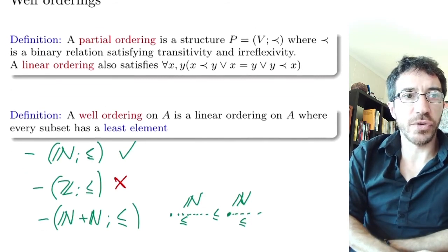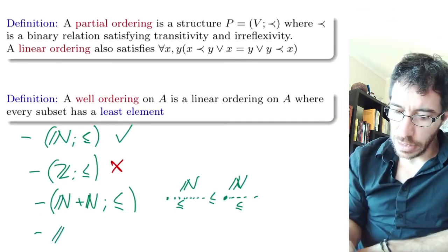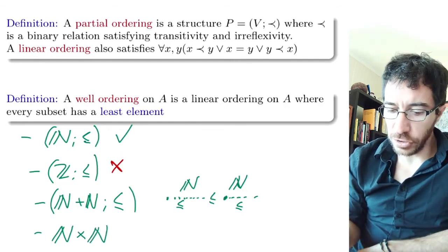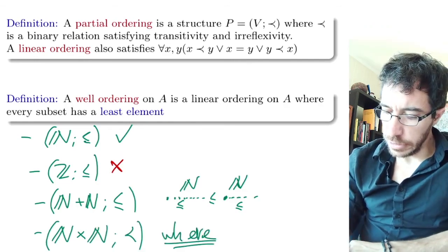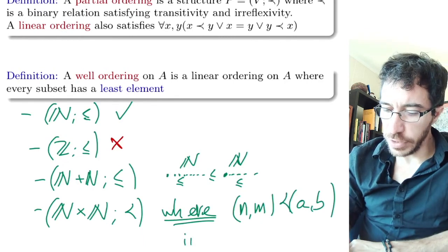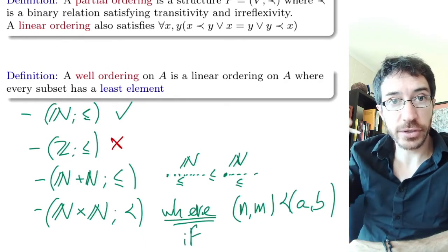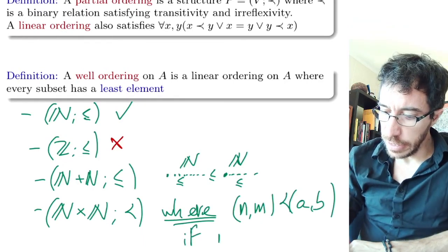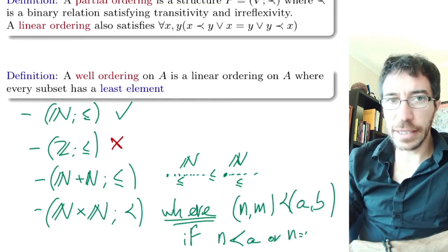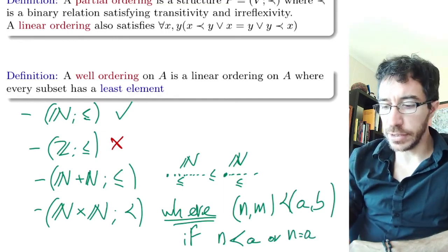We can do, for instance, n cross n with the lexicographic ordering, where (n, m) is less than (a, b) if you first look at the first coordinate and compare just the first coordinate: n is less than a, or n is equal to a, and in that case when they are equal, you look at the second coordinate.